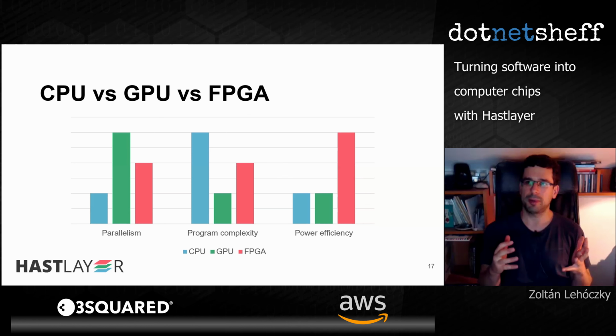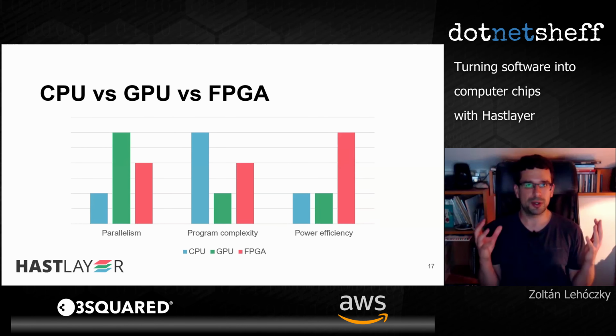Now, what about the programs you can run on these devices? When it's software, you can run it on a CPU. So CPUs win here. You can run anything on them. GPUs are again on the other extreme, but on the lower end, because with a GPU, the programming model is much more limited.